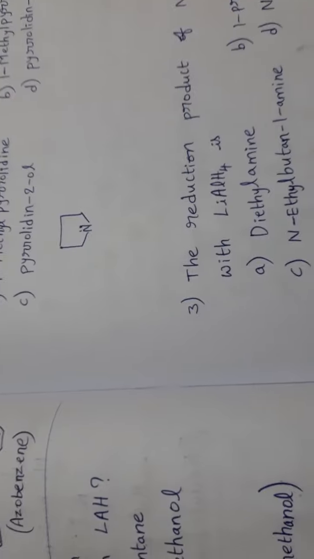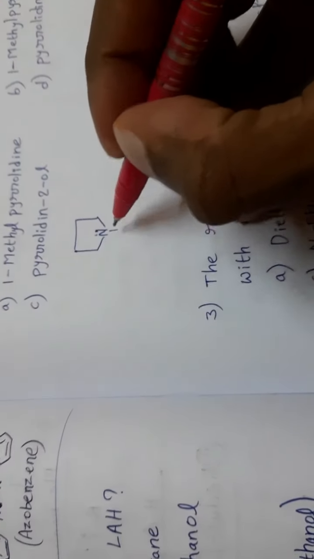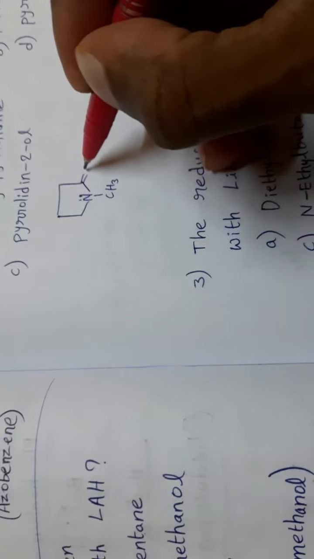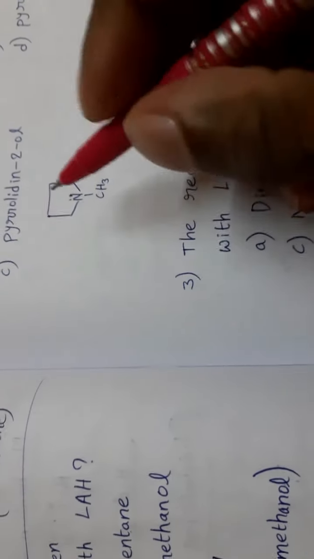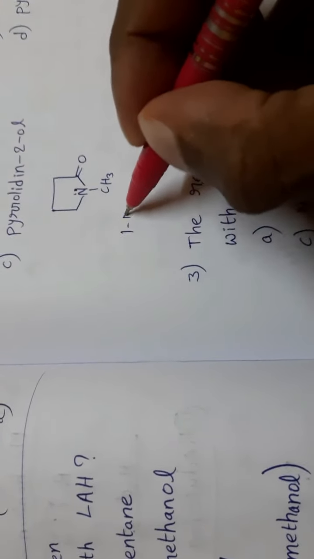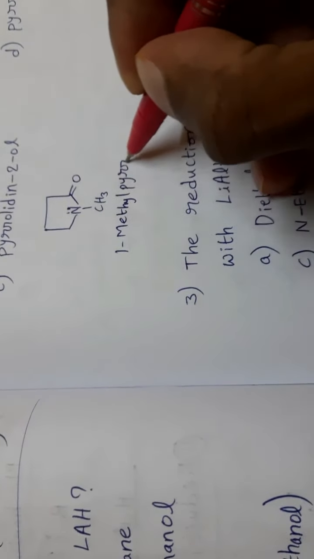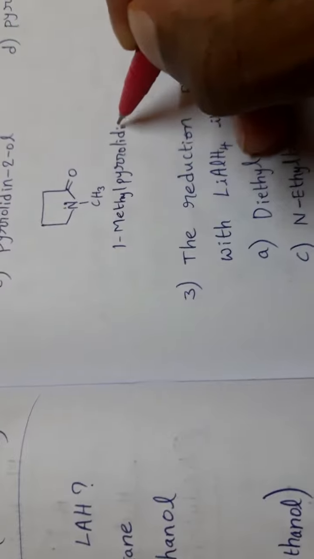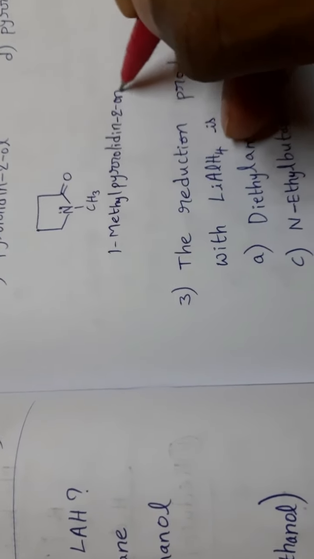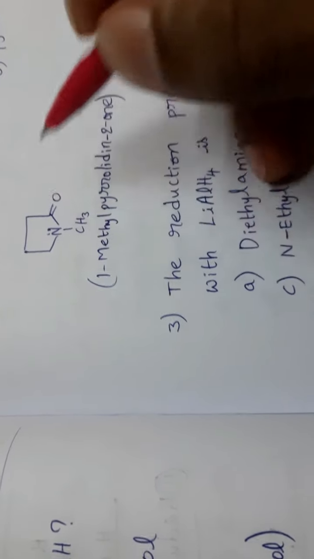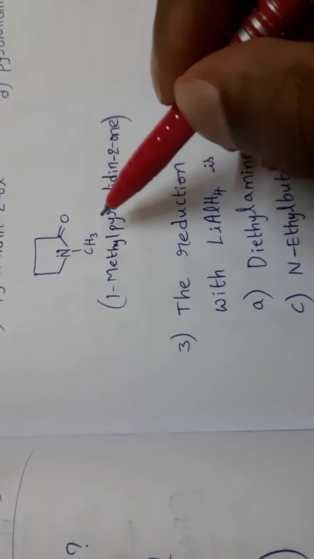Now hydrogen is replaced by CH3 and second position having keto group. So its name is 1-methyl pyrrolidine 2-one. So this is first position, this is second position having keto group.